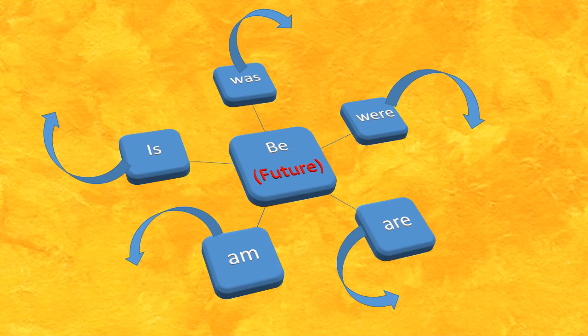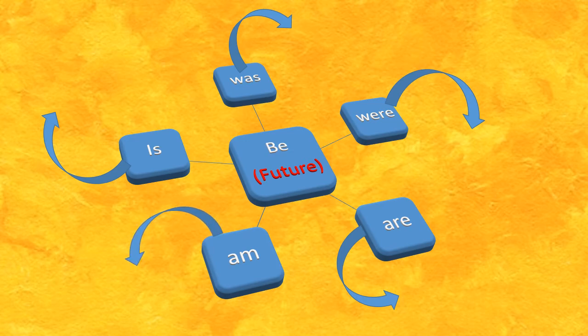Be is always used with future tense, whereas is, am, are is used with present, and was and were are used with past. Now you must be getting confused. If is, am, are are used with present, how can we understand where to use which one? Let me simplify that too.